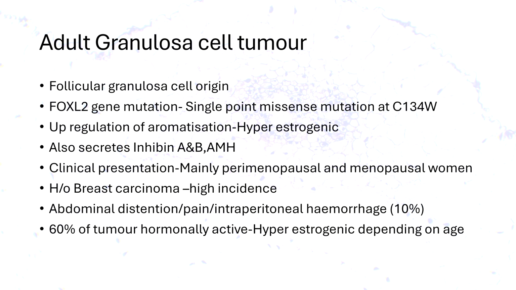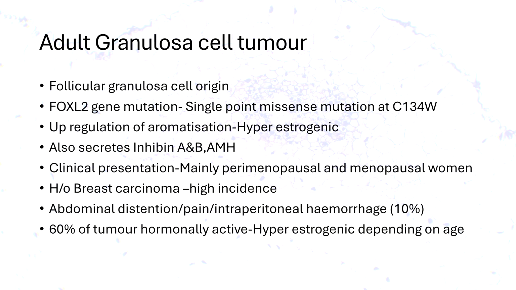Clinical presentation may be abdominal distension or bloating, or a mass abdomen. There may be pain, or they may present as acute abdomen due to torsion or intratumoral bleeding, which may present as intraperitoneal hemorrhage in 10% of the cases. The majority of these tumors, about 60%, are hormonally active and may result in the woman presenting with the features of hyperestrogenism depending on the age of the woman.